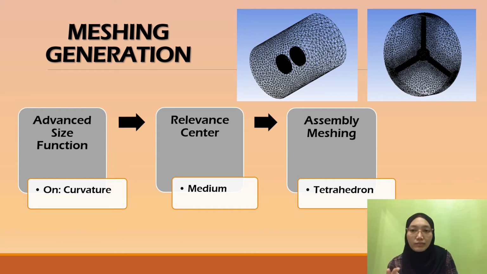All these elements will be changed in order to obtain better results, because when the advanced size function is set to curvature, the meshing will be more refined compared to when the advanced size function is turned off.